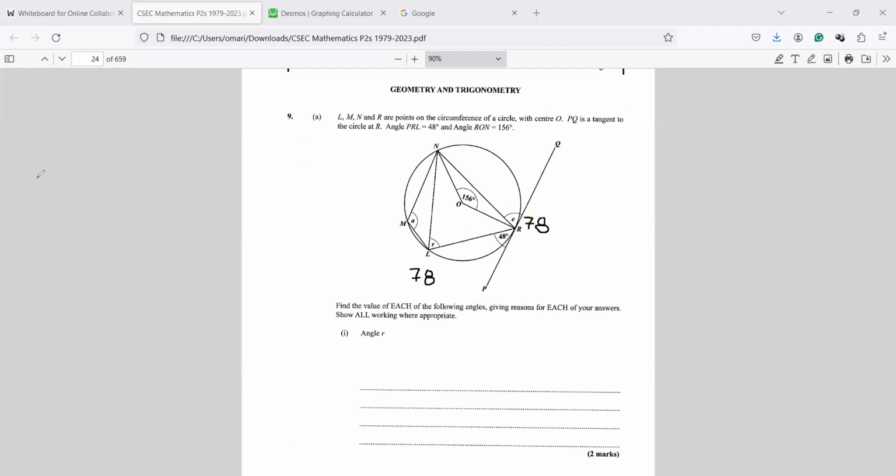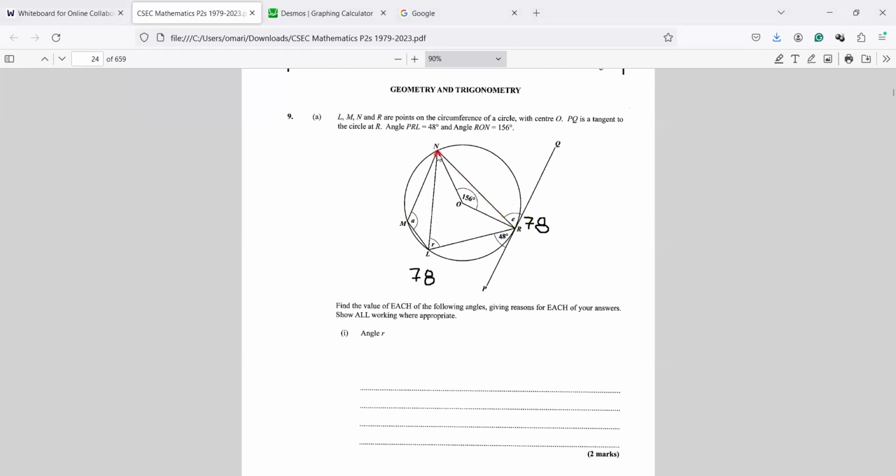So angle A is this angle right here at vertex M, inside this cyclic quadrilateral N, M, L, R.